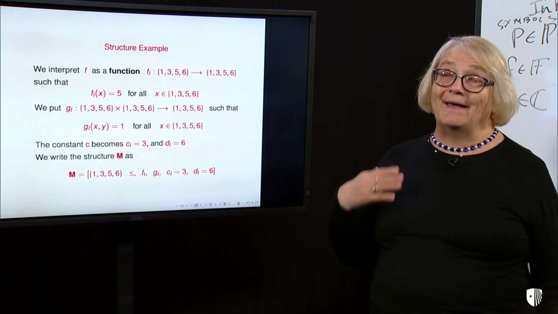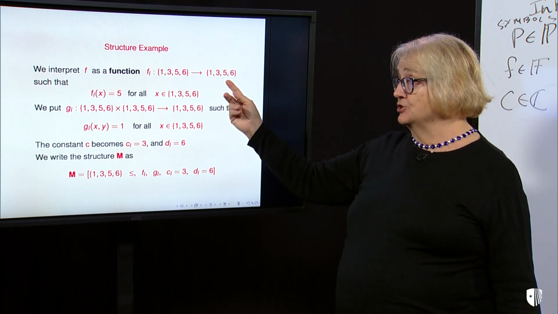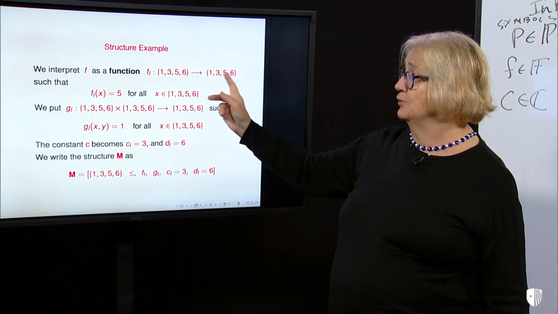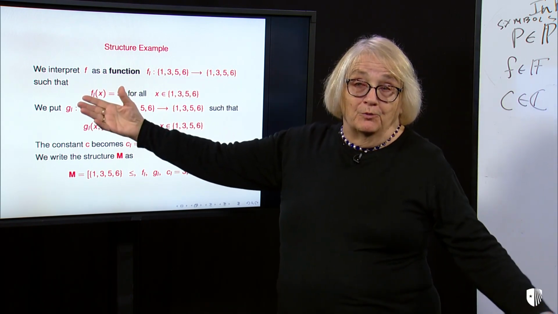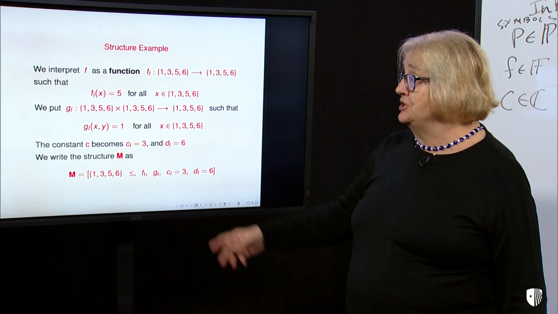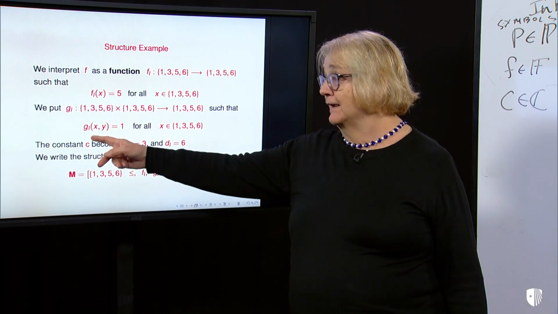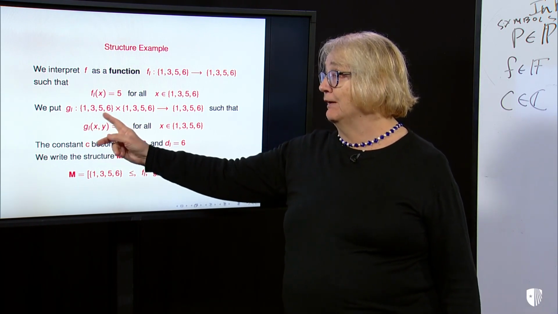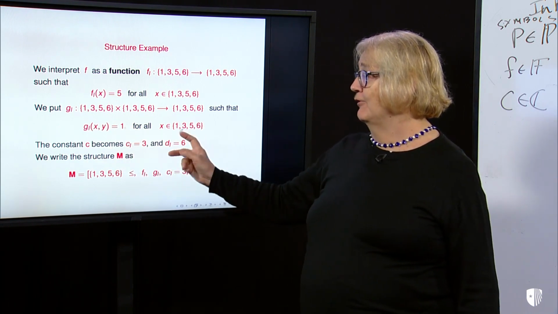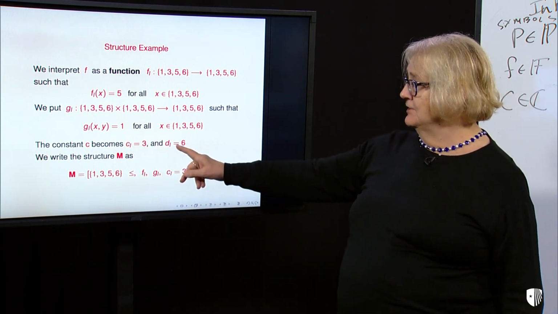I say that F is a one-argument functional symbol, so the function would be a concrete function given by a formula. So F_I is a function from the universe into the universe, and I put the formula F_I(x) = 5 for all x because I'm lazy, and G is a two-argument function, so G_I is a two-argument function, and again, I'm lazy, so I put the formula G_I(x, y) = 1 for all x. And the constant c, I say, is 3. And constant d is 6.